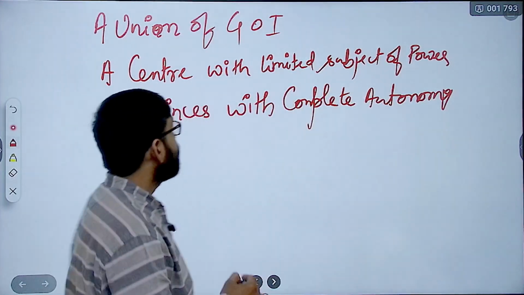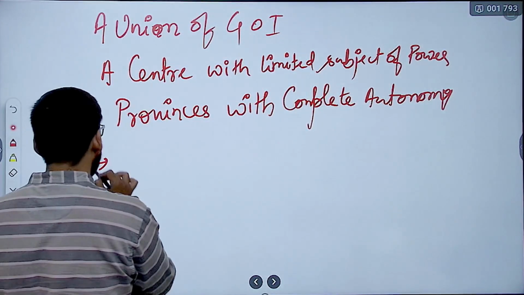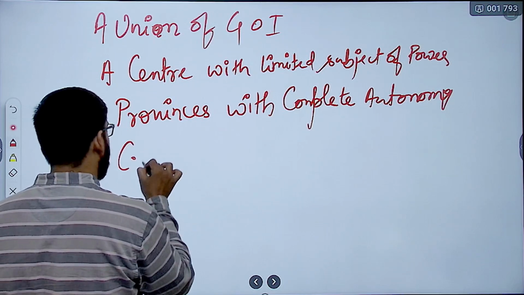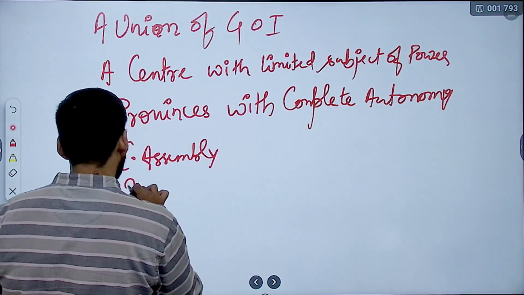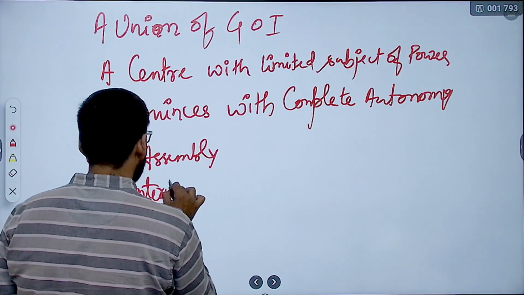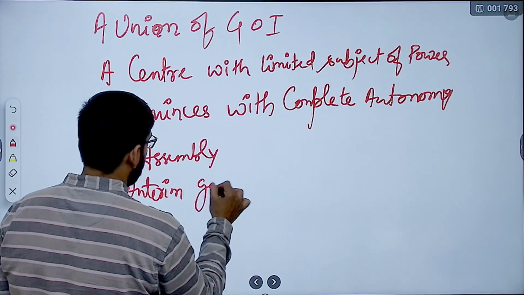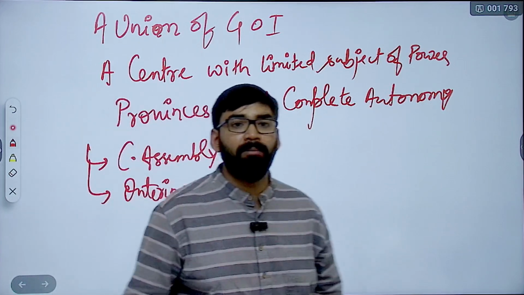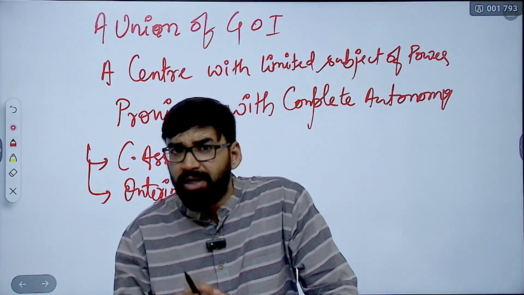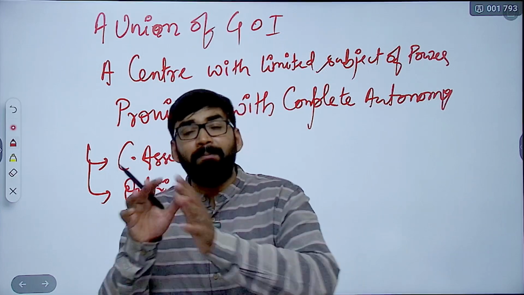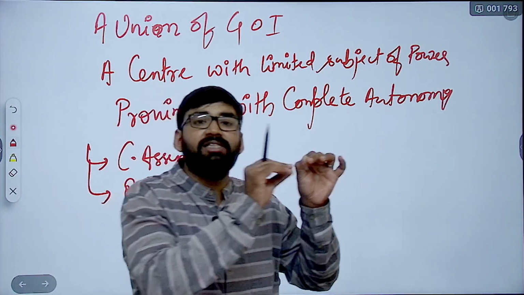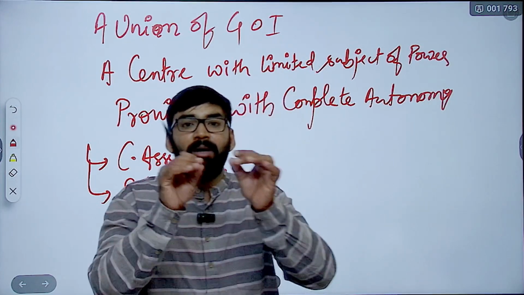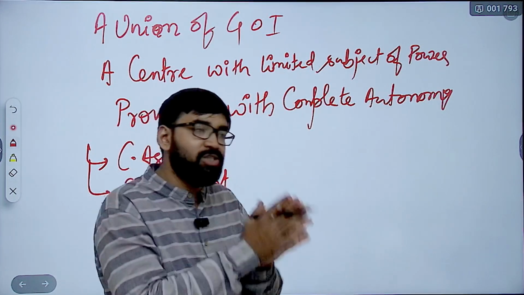And then cabinet mission plan also recommended for constituent assembly and interim government should be made. ये सबसे इंपॉर्टेंट रिकमेंडेशंस है, कॉन्स्टिट्यूएंट असेंबली एंड इंटरिम गवर्नमेंट. कॉन्स्टिट्यूएंट असेंबली कंसिस्टिंग द मेंबर्स इलेक्टेड बाय द प्रोविंशियल लेजिस्लेटिव असेंबलीज and the members nominated by the princely states.